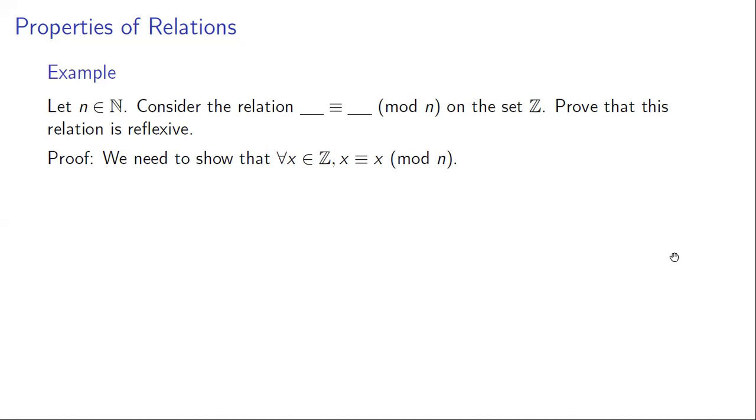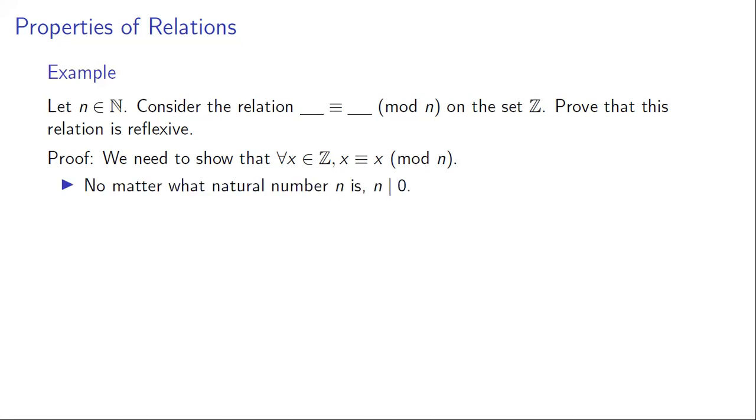In order to show that the relation is reflexive, we have to show that for every integer x, x is congruent to x mod n, meaning x is related to itself. We need to show that x is related to itself no matter what integer x is. So for all x in Z, x has to be congruent to x mod n. That's what we want to show.